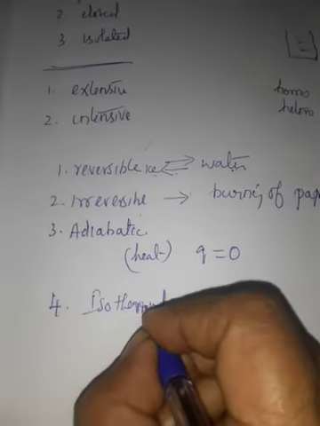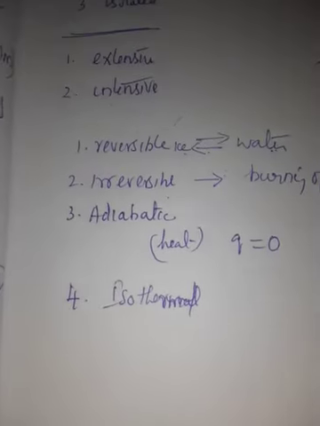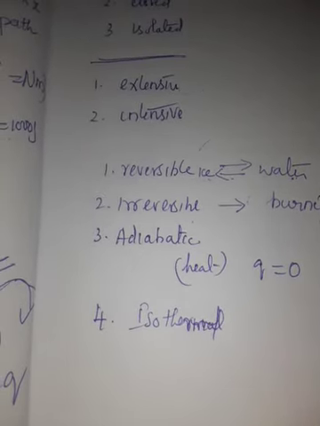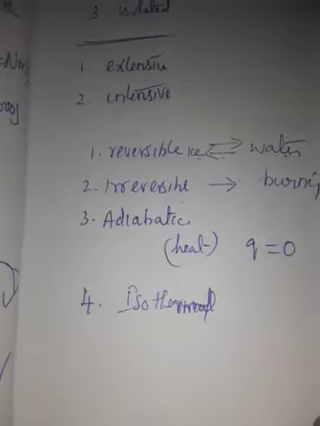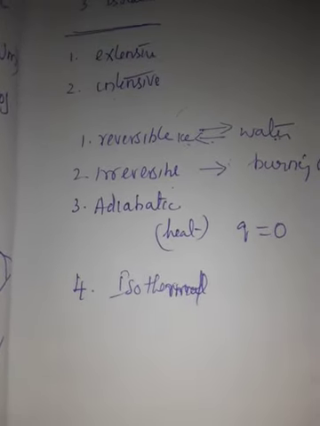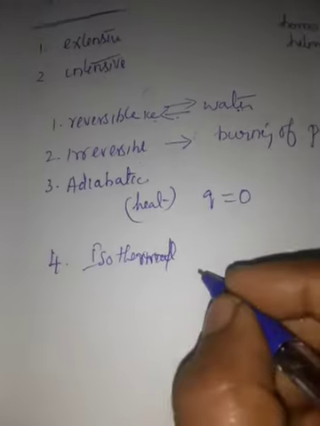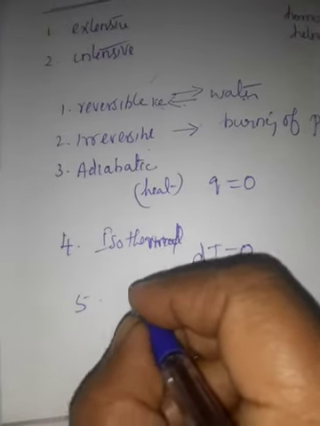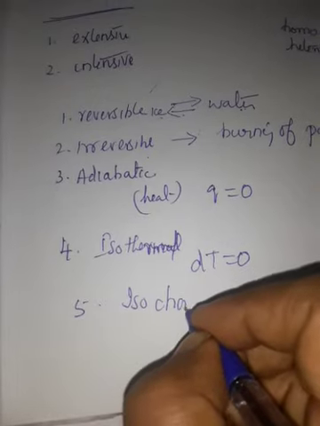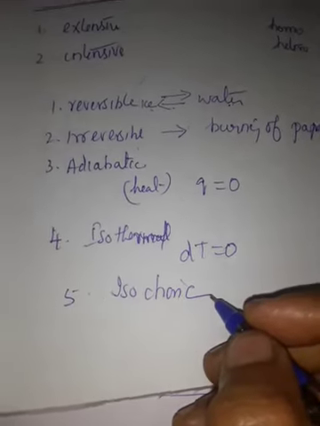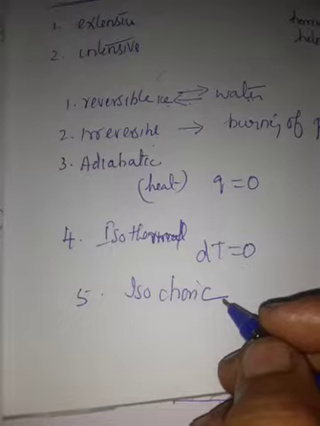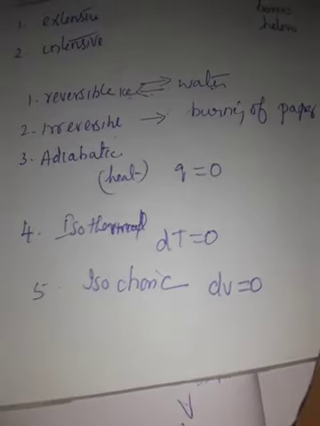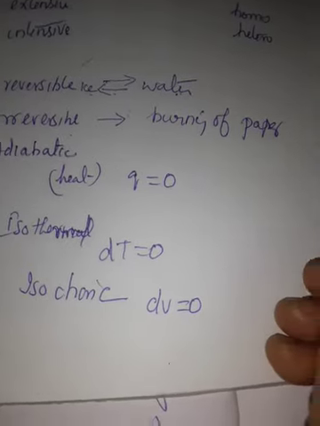An isothermal process is one in which the temperature of the system remains constant, that is dT is equal to 0. Isochoric process means the volume of the system remains constant, that is dV is equal to 0.